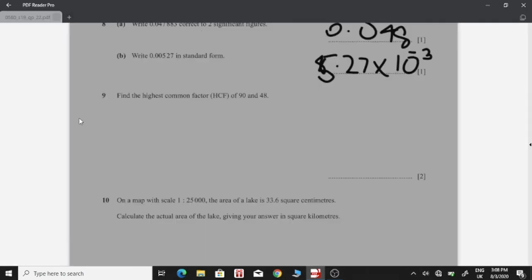Question number 9. Find the highest common factor of 90 and 40. Okay, so first off we check which is the highest value that has both of these numbers as its multiples, and that is 6.